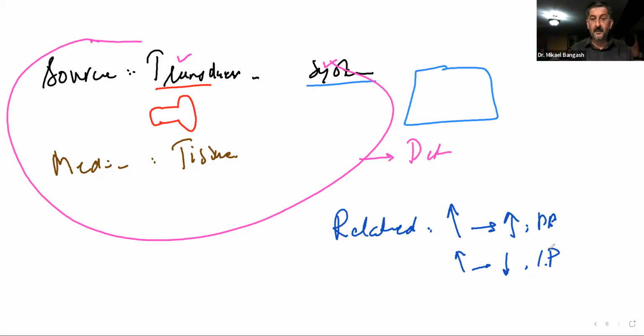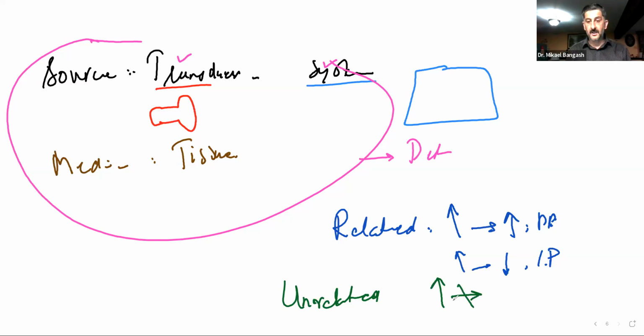Whereas if parameters are unrelated, that will mainly mean that the increase of one is not going to lead to either an increase or decrease of the other, and vice versa, because they are unrelated. So it's not always going to be that every parameter needs to have a relationship with another.